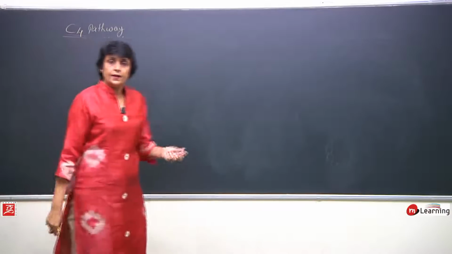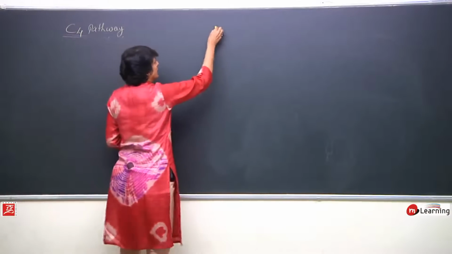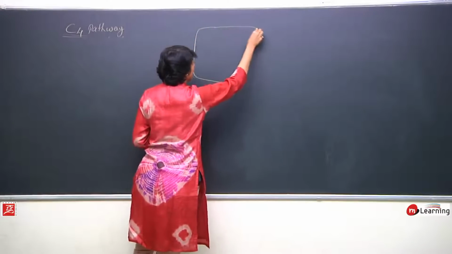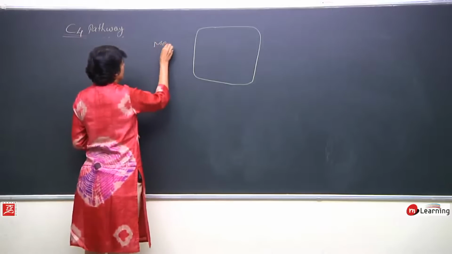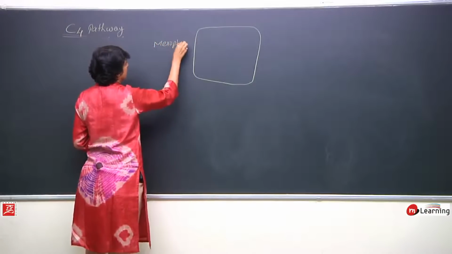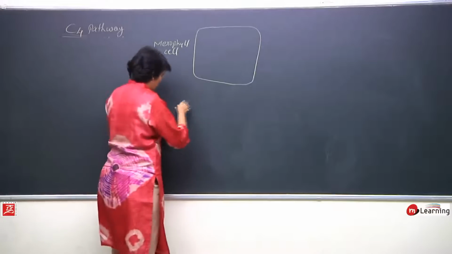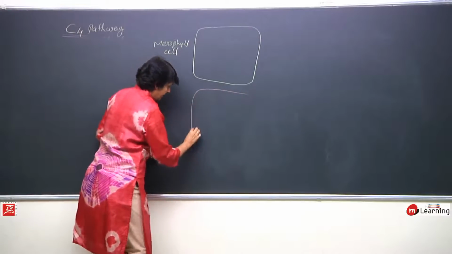To understand how the cycle takes place, let us draw two cells. This upper cell which we are drawing is the mesophyll cell. And one more cell which is the bundle sheath cell.